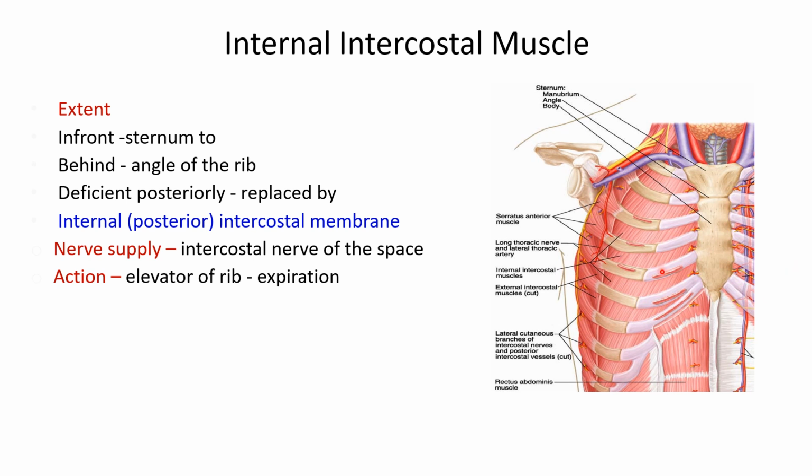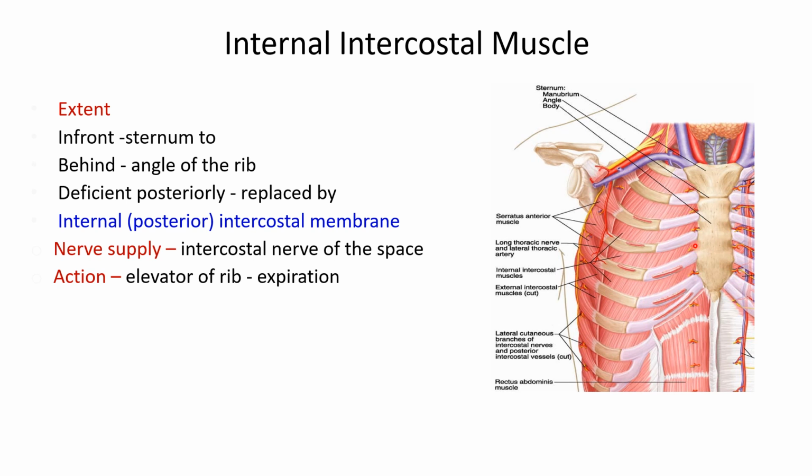And what is the extent of the internal intercostal muscle? See, this is the internal intercostal muscle which is directed downwards, backwards and laterally. So this is the external intercostal muscle.